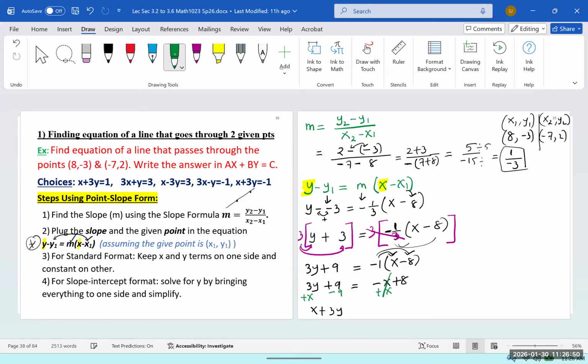So get rid of this 9 by subtracting from both sides. So on the left side of the equal sign, there is no more extra number. We have only x and 3y. So the right side of the equal sign is 8 minus 9. That gives us -1. And now we are happy because this is what is given here. x plus 3y equals -1.